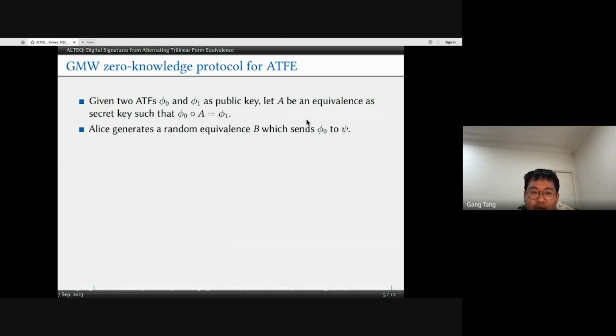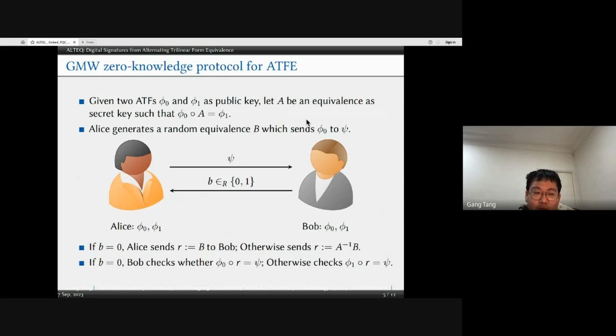At first, Alice, the prover, generates a random equivalence B, which also belongs to the general linear group and sends phi0 to psi as our commitment. Bob will challenge with a bit, 0 or 1, and send it back to Alice.